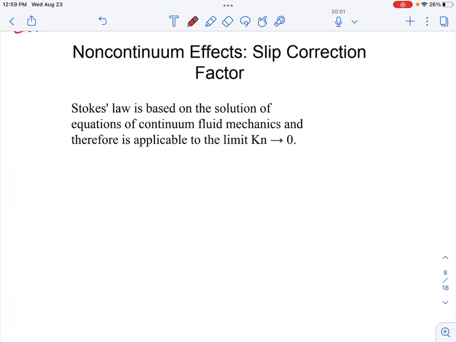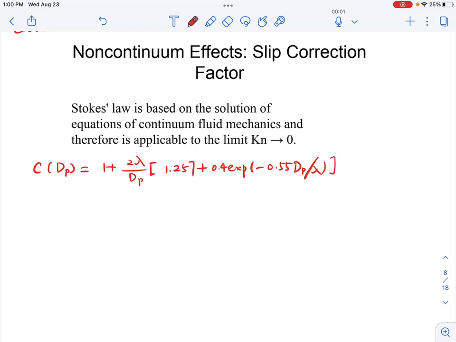In terms of calculating the Cunningham slip correction factor, people normally use this equation. C is a function of the mean free path and the particle diameter.